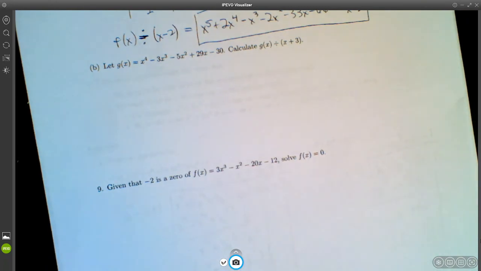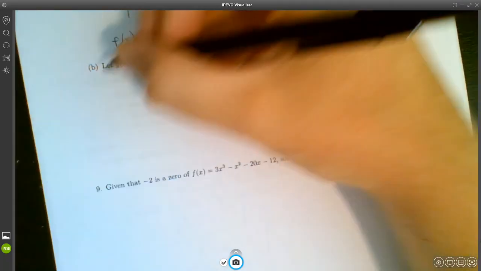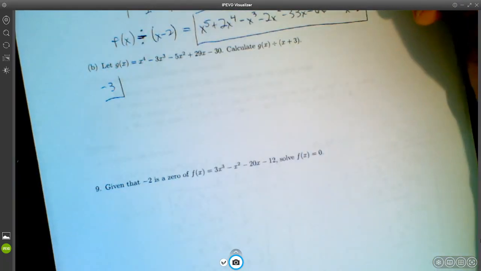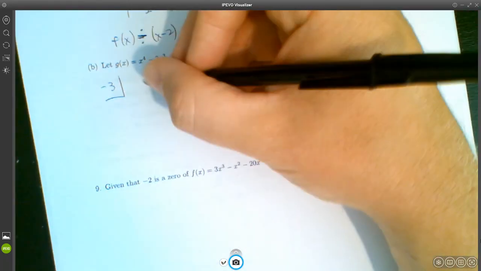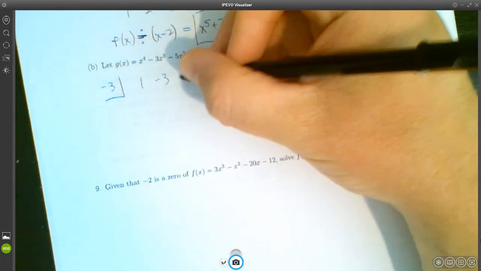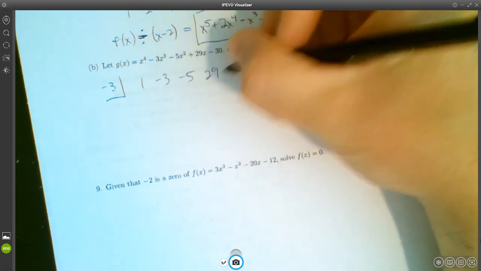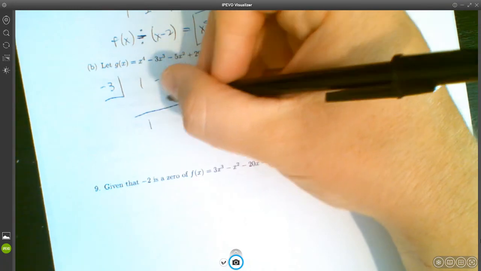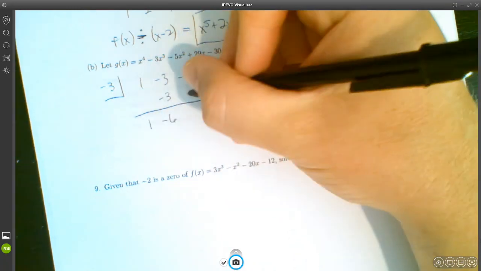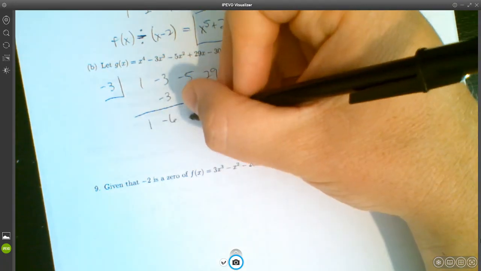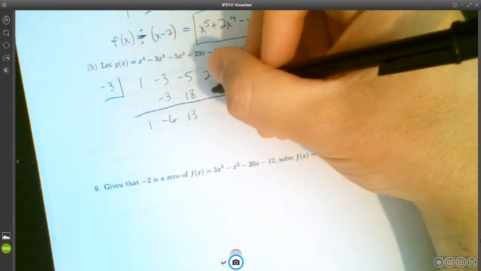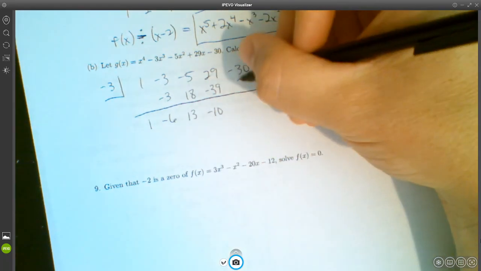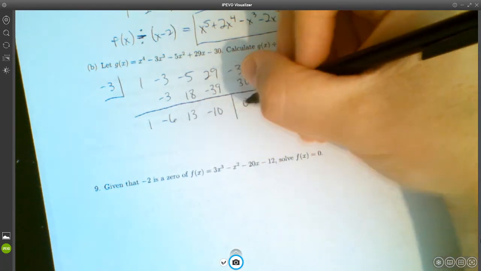Here's my solution without talking. First of all, make sure that the 0 is negative 3, right? If the factor is x plus 3, then the 0 is negative 3. Oh, this one comes out nice.